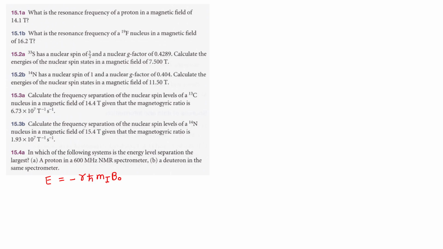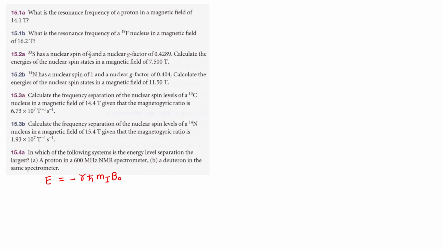Your spin quantum number is still I, which is half, or could be different integers. Depending on the value of I, the values of mi could be from plus I to minus I, 2I plus one numbers, and B0 is your external magnetic field.